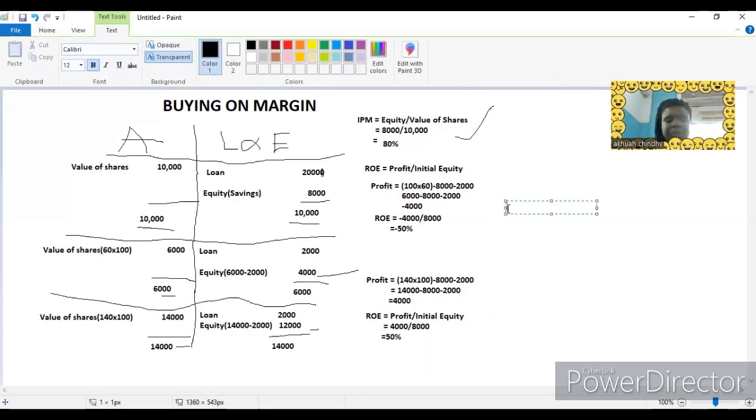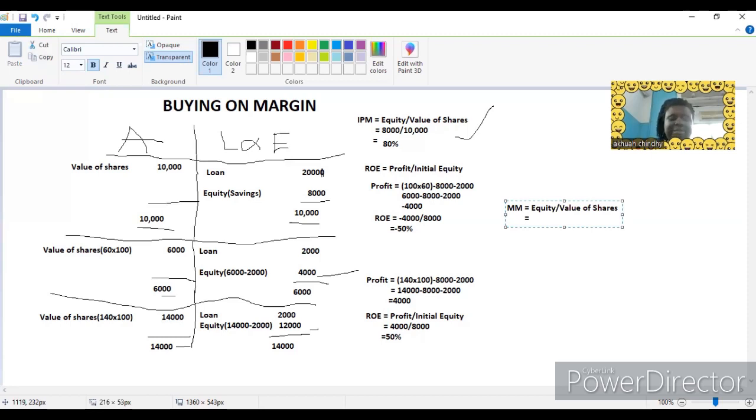So our maintenance margin will be equal to equity divided by the value of our shares. And equity, we know, is assets minus liabilities. In this case, we're keeping it simple because we don't have interest and all that.